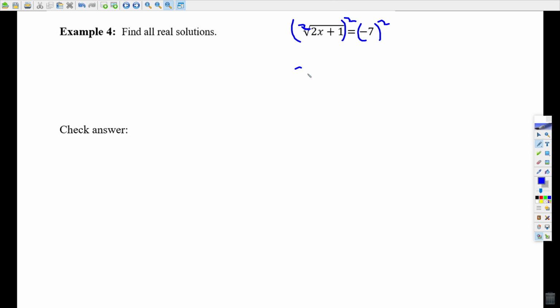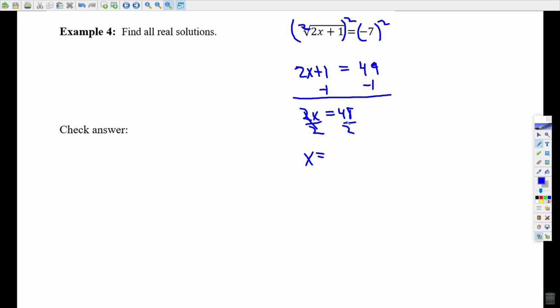And this gives us 2x plus 1 equals negative 7 squared is 49. And then we subtract 1 on both sides. So 2x equals 48. Divide by 2.